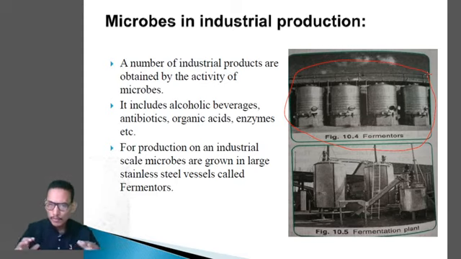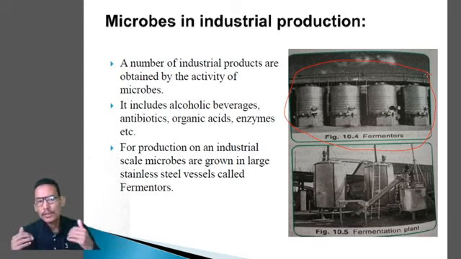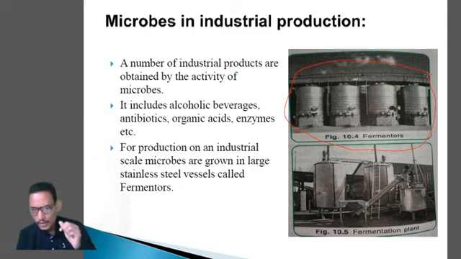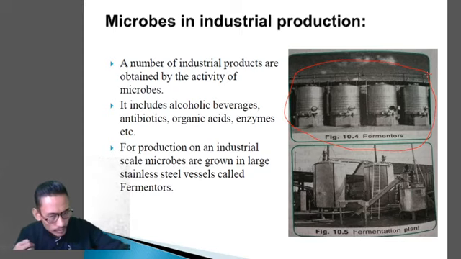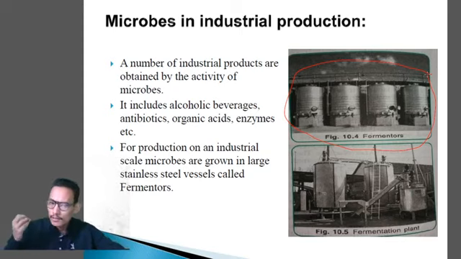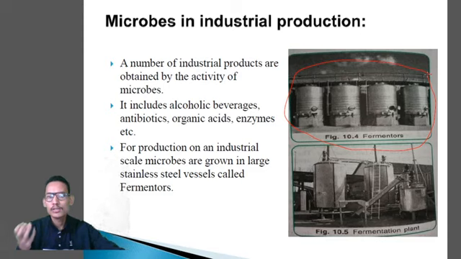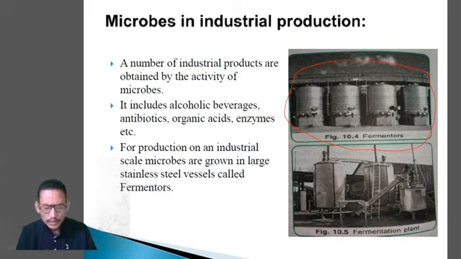So in order to grow the microbes on a larger scale, we mainly produce these microbes in larger stainless steel vessels. They are grown in larger vessels which are called fermenters. Clear? Now, what are fermenters actually?